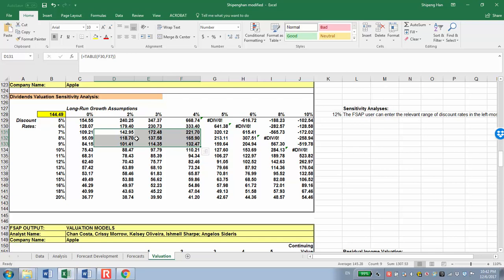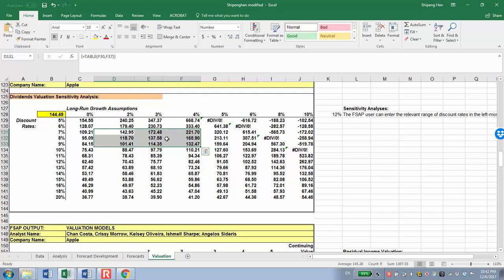Initially we assume the long-run growth rate is 3%, but some people don't agree. They probably prefer 2%, some prefer 4%, because they have different information, or we can calculate the discount rate a different way. So we get a range, and the minimum is here and the maximum is here.